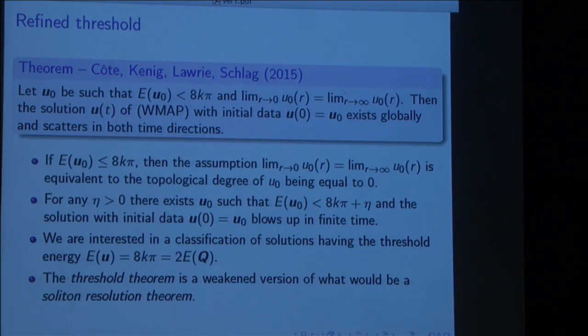And then by finite speed of propagation, we can attach whatever we want later once the solution blows up, so we can go back to 0 with energy as close to 8kπ as we want. And that's how we can obtain solutions. So this shows there are blow-up solutions for this equation. Yes, yes, yes.